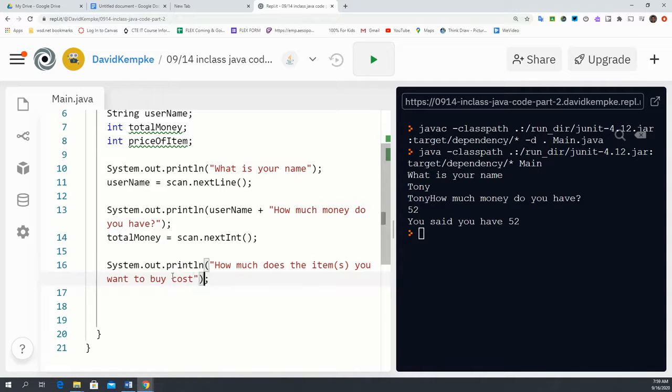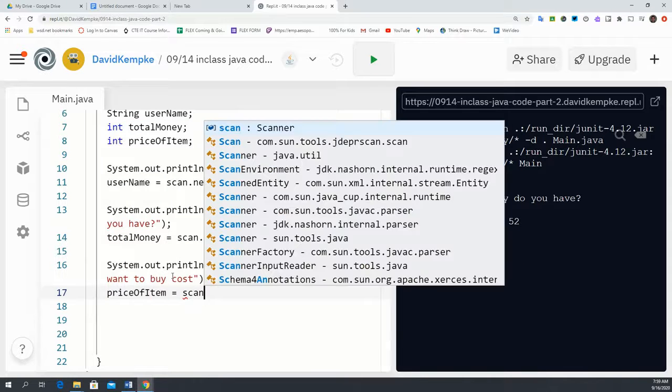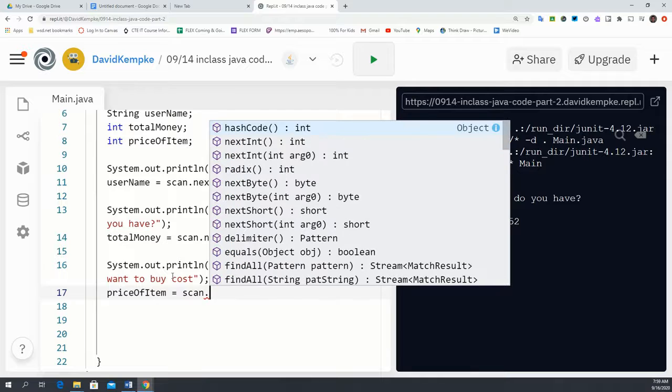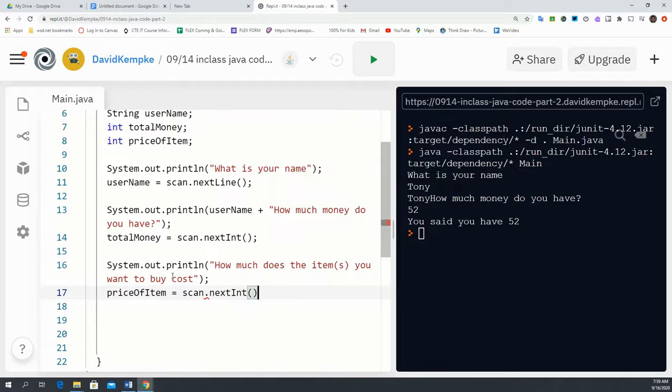Okay. Alrighty, and then let's get in the price of the item. Actually, we don't need to do that. We just do price of item equals scan dot next int. Okay. And there we go.